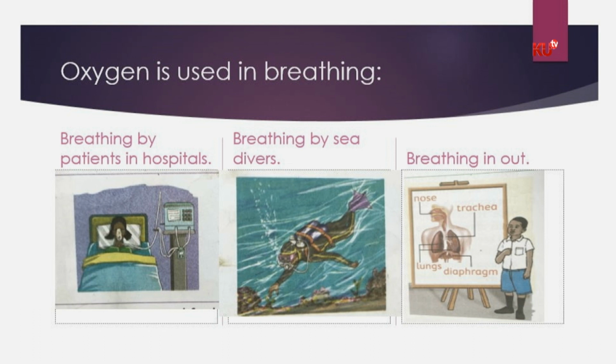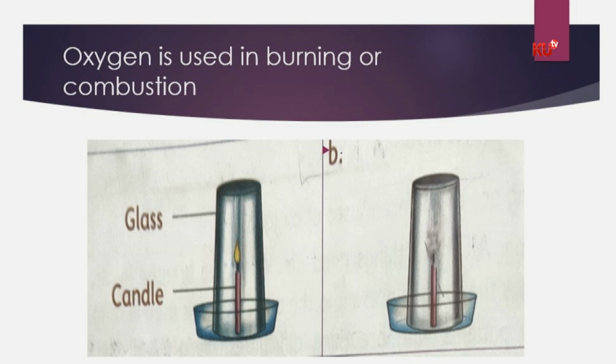The second use of oxygen, apart from breathing, is that it is used in burning or combustion. We may take it for granted when we light fires at our home, when we use a stove, a cooker, a candle, or a lamp.